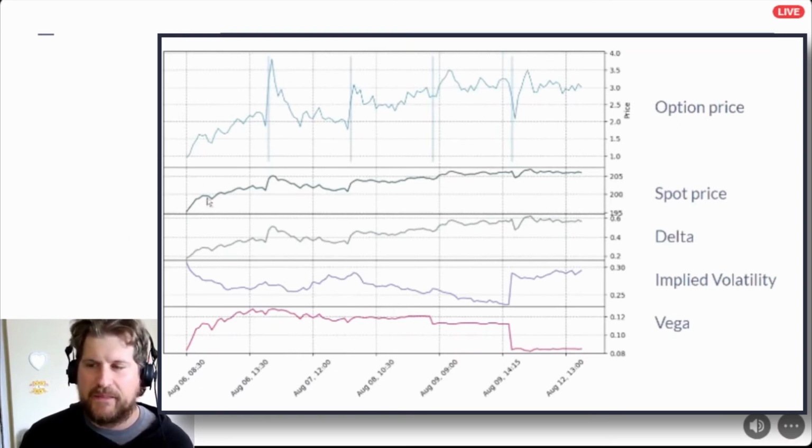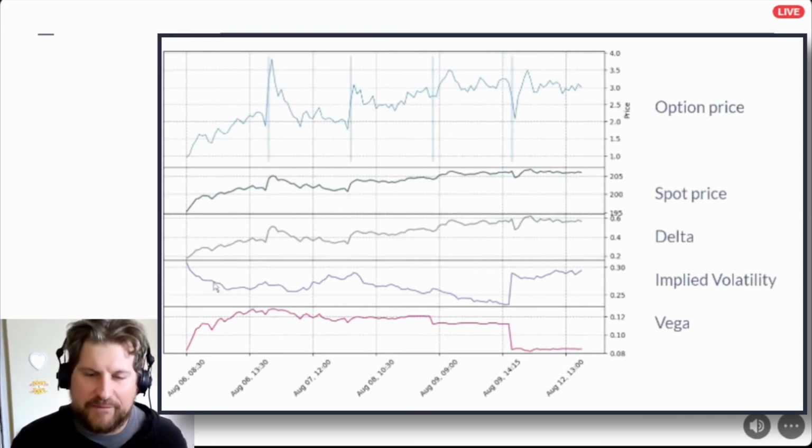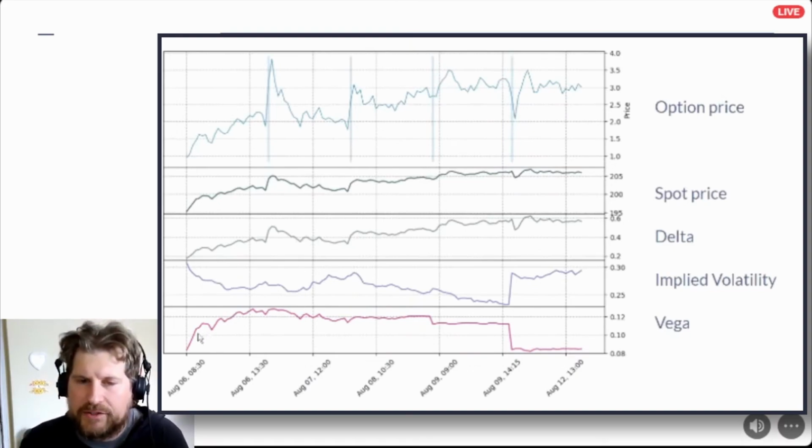You'll notice that what I have in this dark blue clip is the spot price of JPM. And then in this purple clip, I have the implied volatility of the 205 call. If you bought the 205 call somewhere while JPM was trading at maybe 197.5 or 198, and you had this Vega value of 0.10, even though your Vega value was increasing from 0.10 to 0.12, it didn't really increase all that much.